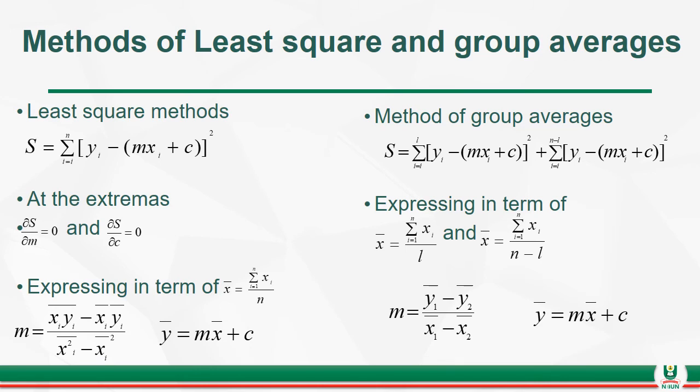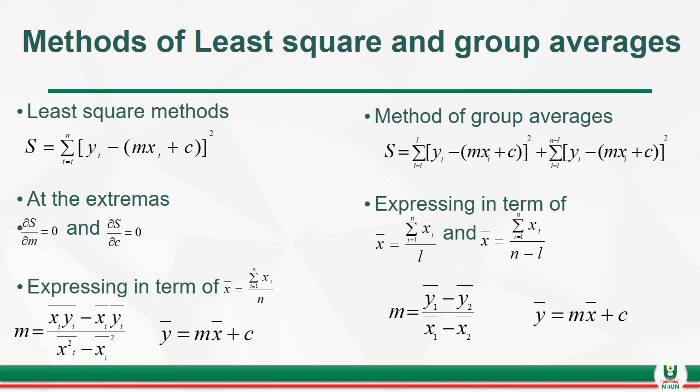We call the first part L, the second part n minus L. We have a similar expression, but in this case, for L, the expression is a sum over L and the other is a sum over n minus L. We can express the averages in terms of L and in terms of n minus L, just like we did in the case of method of least square.